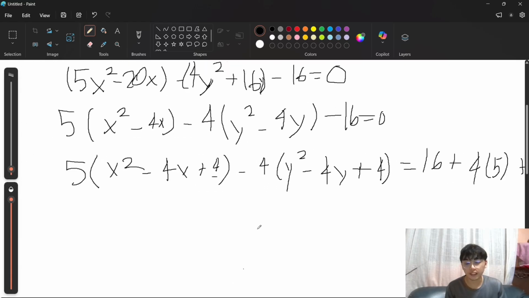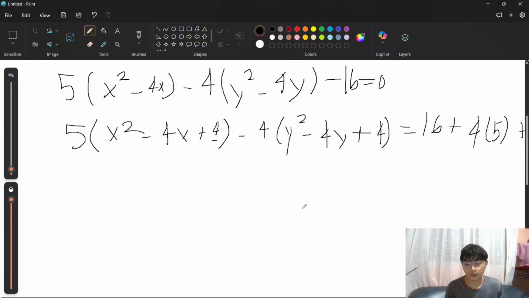And after that, let's distribute this to this here, and then negative 4 to y squared, negative 4y, and to negative 4.